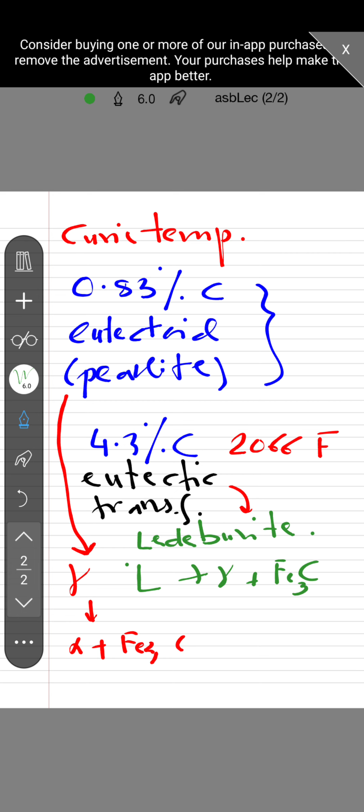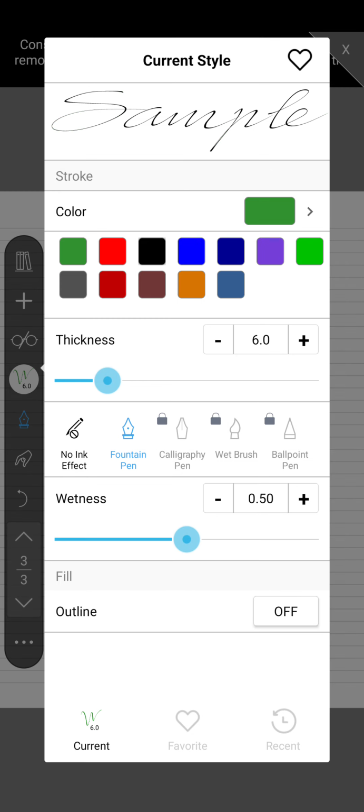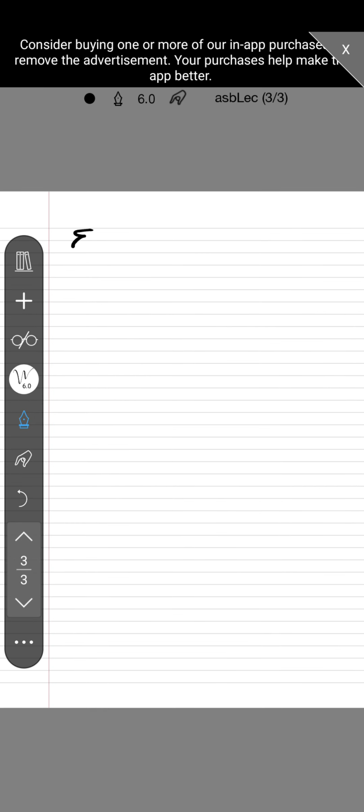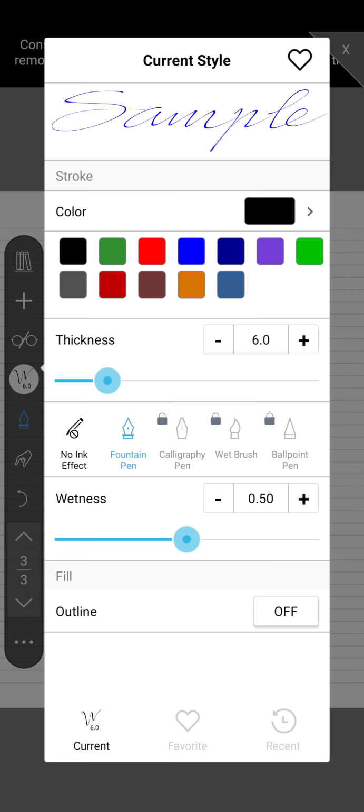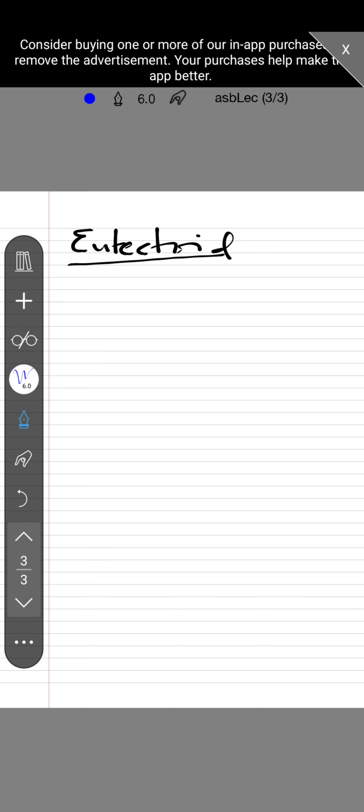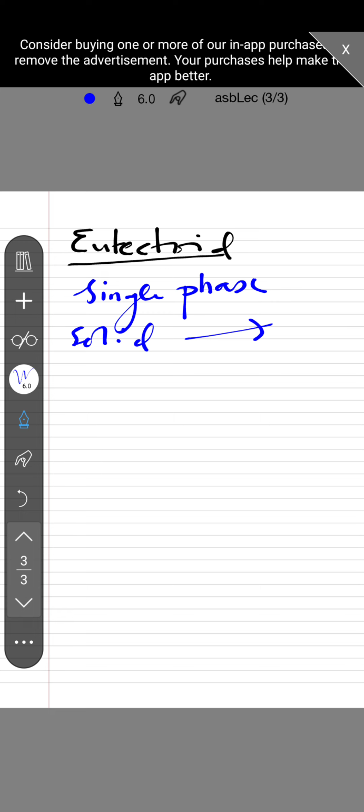A eutectoid transformation is one where a single phase solid transforms into a two-phase solid.